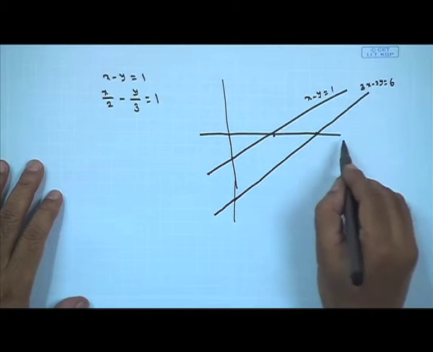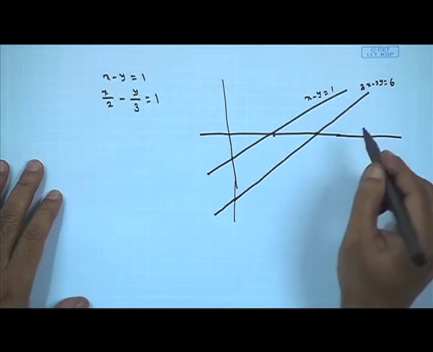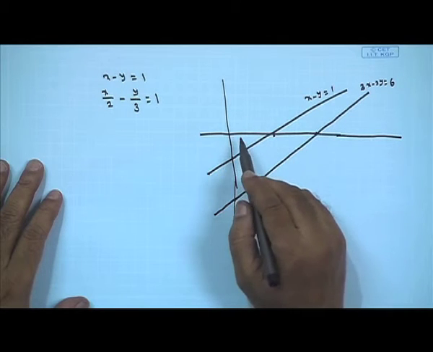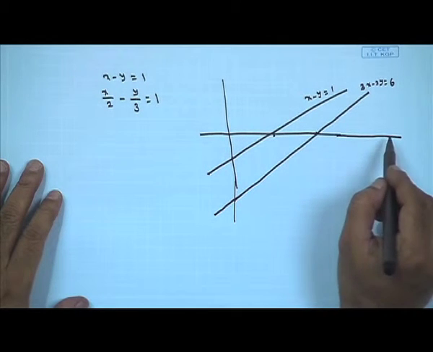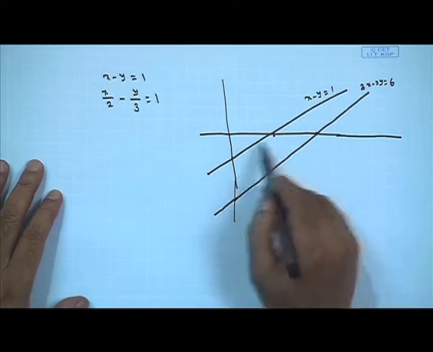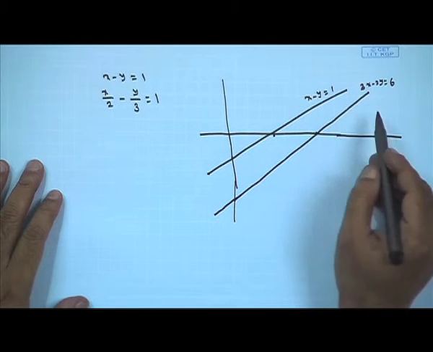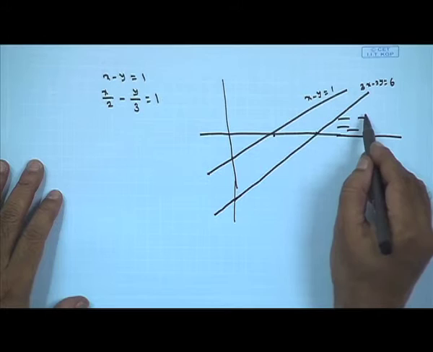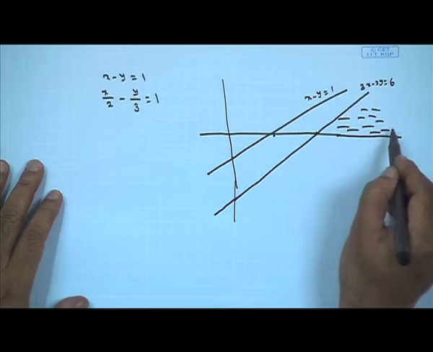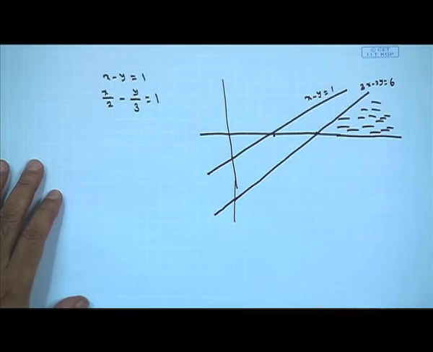If you try to see the feasible region from here, it will be on the positive x axis and y axis, bounded by these lines. So, this region itself is not bounded.